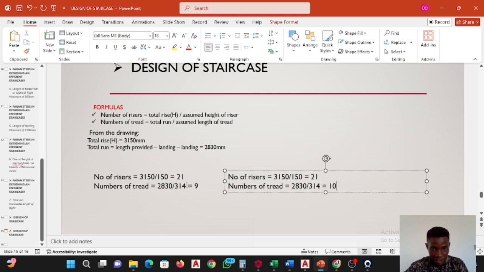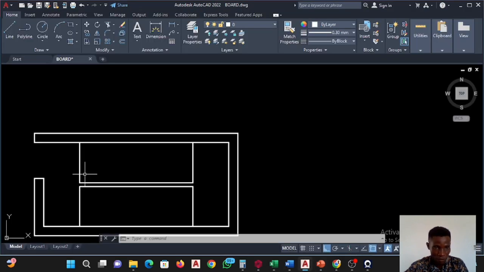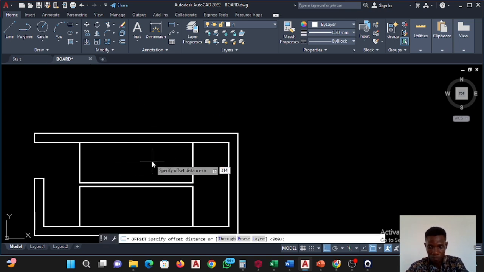I know the thread is 314, right? So I can take this and offset it. I know I'm having 9 here, offset 314, enter.